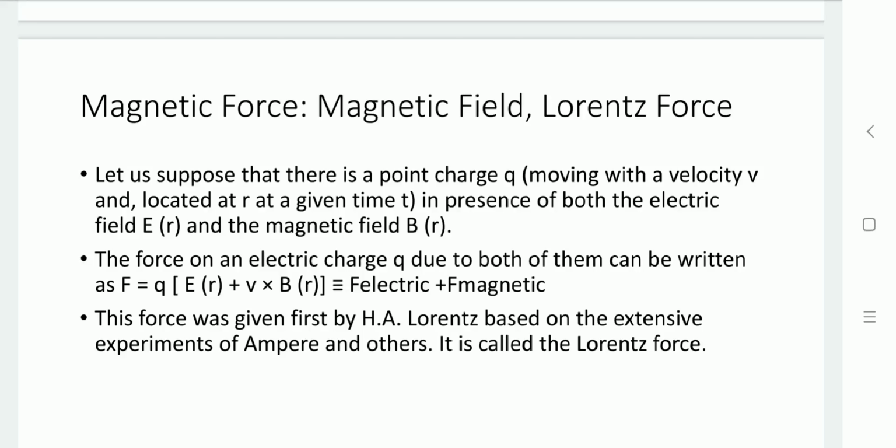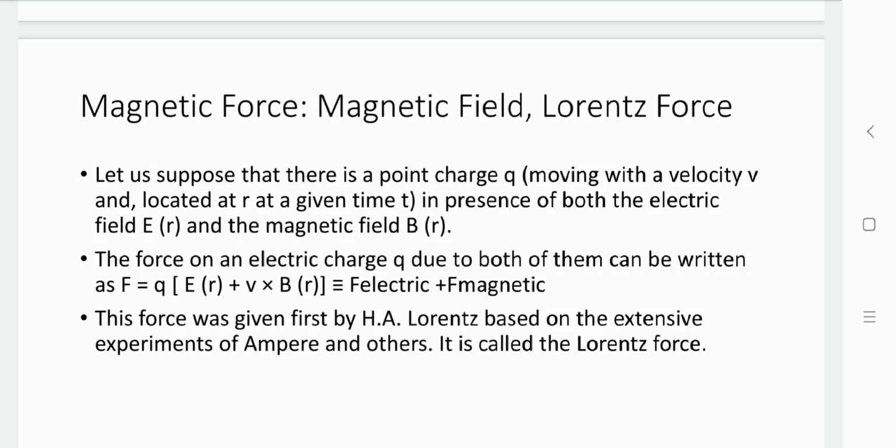Over the charge, an electric field is there, and while it is moving, a magnetic field is also present. So the total force on the electric charge Q due to both fields is Q into E of r, that is the electric force, plus Q v cross B of r, that is the magnetic force.